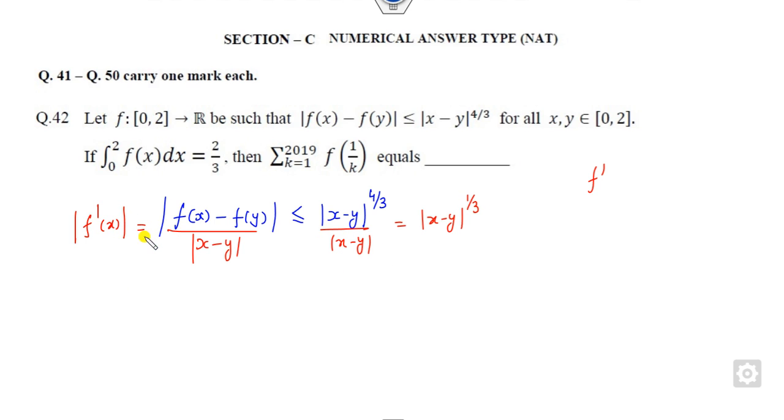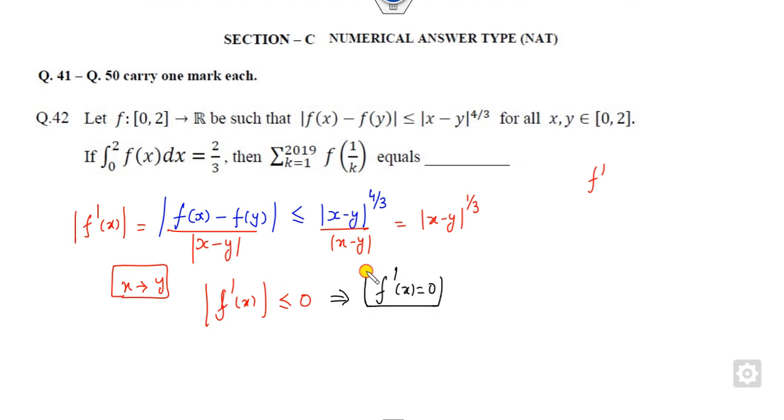Now you can take the limit as x approaches y. This is f dash of x in mod, and the right side goes to 0. So mod of f dash of x is less than or equal to 0, but mod can't be less than 0, which means f dash of x is 0. So what is the meaning of that? f is a constant function.